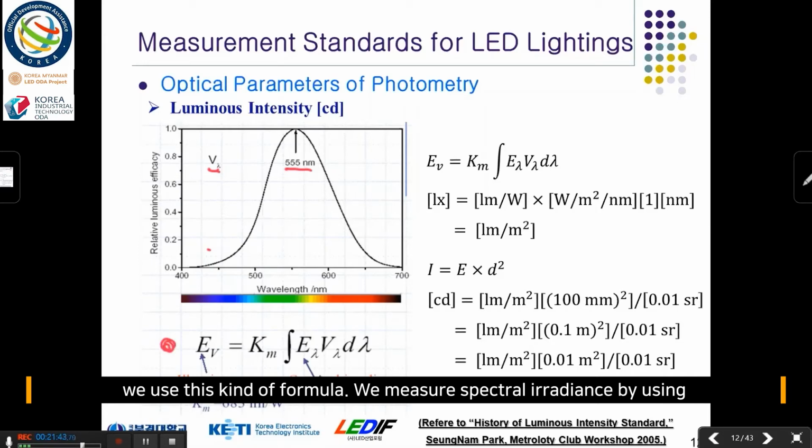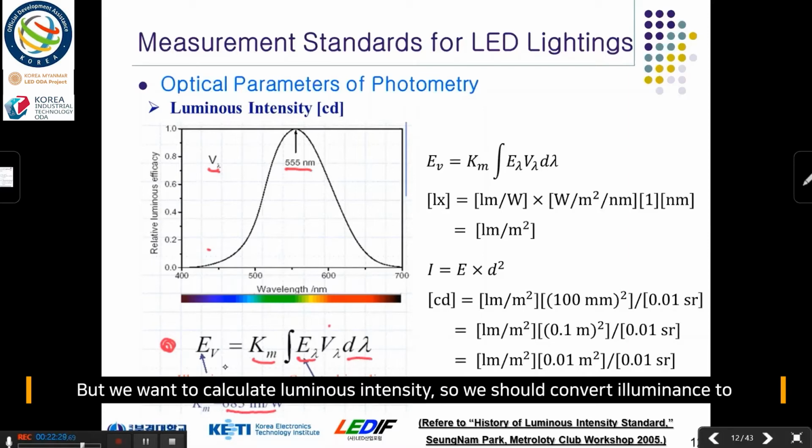We measure spectral irradiance by using a spectroradiometer, and we know V lambda from the CIE standard. So multiplying those curves and integrating them by wavelengths, and then we multiply Km, that is 683 lumen per watt. Then we derive illuminance.